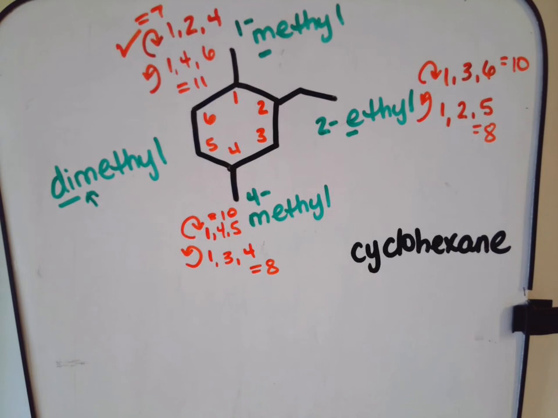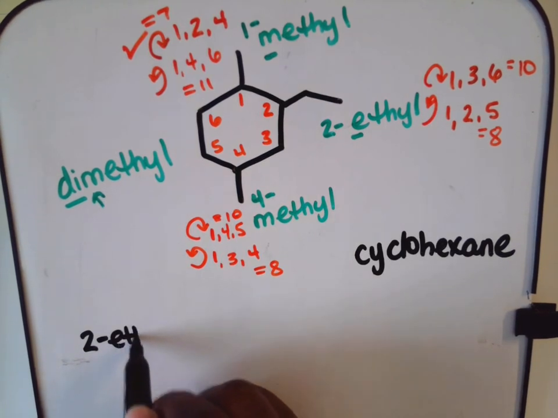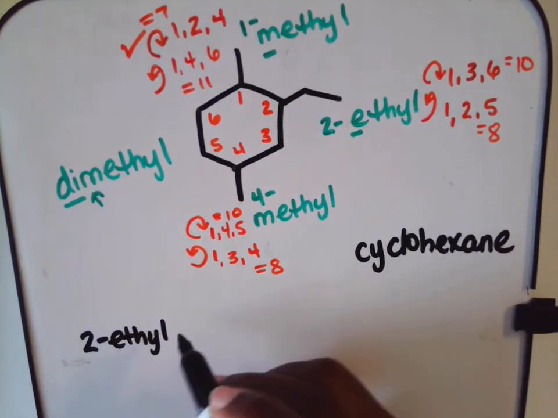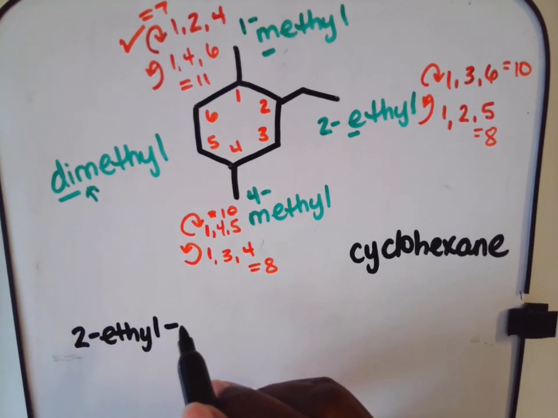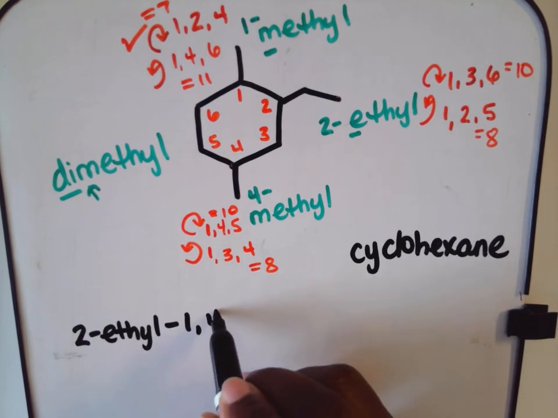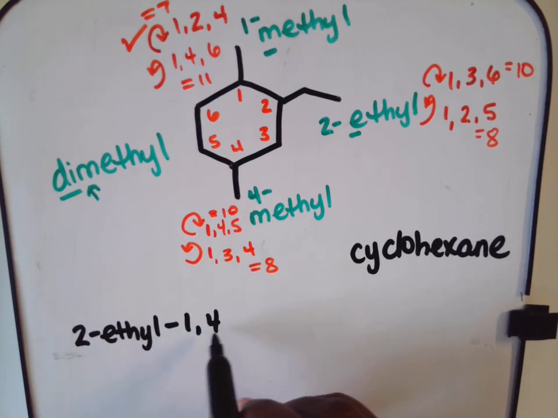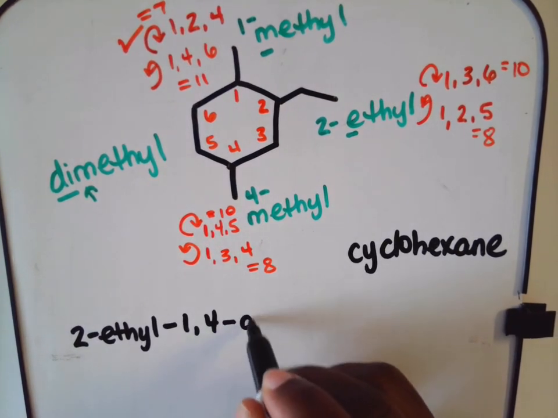So when I do that for this one, I'm going to have my ethyl first, and I have to make sure I indicate where everything was located. So I still need those numbers. So I have 2-ethyl, and now that I have dimethyl, I have to indicate where both methyl groups were located. One was on carbon 1, the other was on carbon 4. You separate numbers from one another using a comma. Separate numbers and letters using a dash.